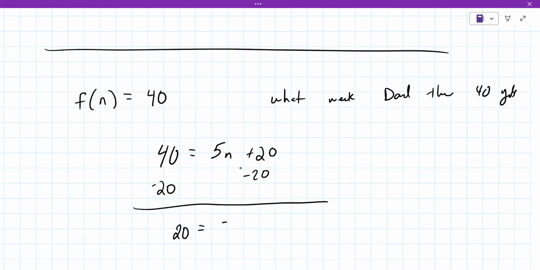So 20 equals 5n. How do you solve for n? Do you divide by 5? Yes. And then you would get n equals 5. Or no, 4, sorry. N equals 4. Yeah.